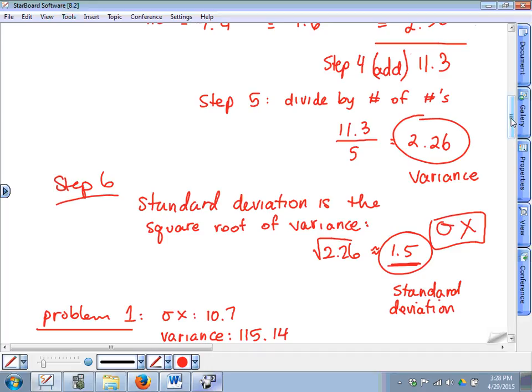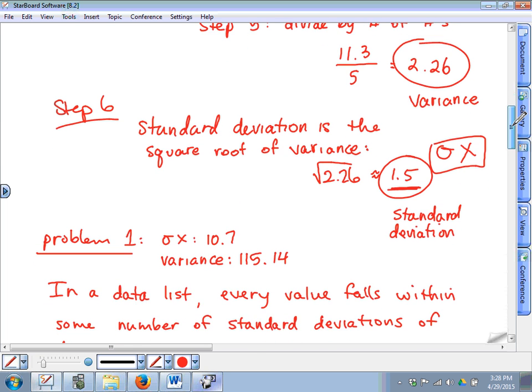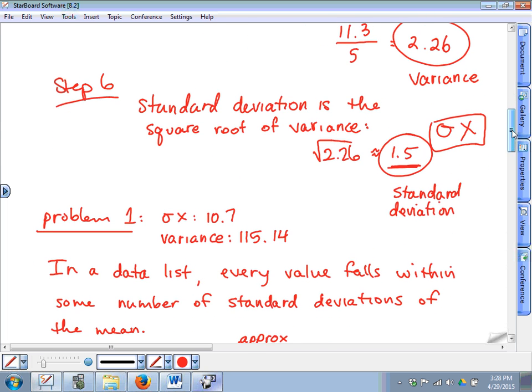Another thing you can do with just one set of data, you need to write this phrase here. In any particular data set or list of numbers, every value falls within some number of standard deviations of the mean or of the average.